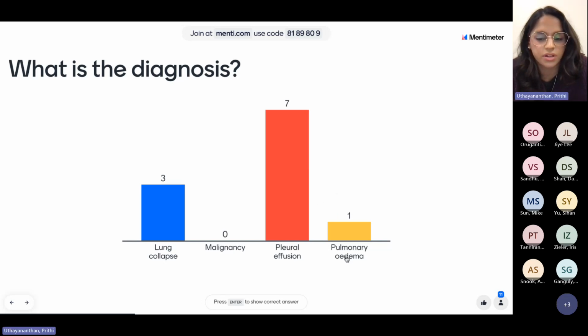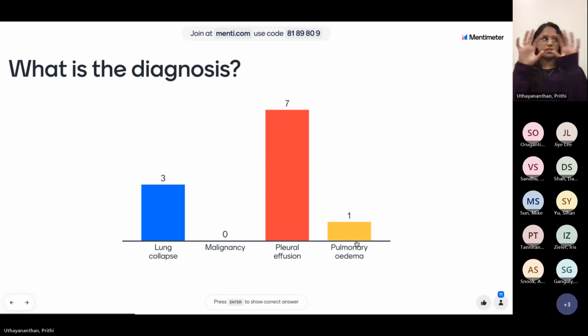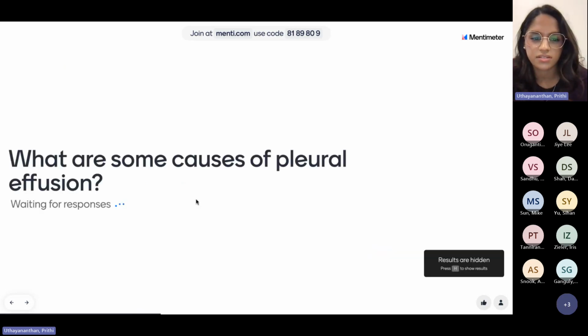So it wouldn't be pulmonary edema because you would see more of a bilateral change, and it would be throughout rather than at the bottom, whereas with pleural effusion, the fluid collects at the bottom of the lungs, and that's why the costophrenic angles are blunted. Okay. And does anyone know any causes of pleural effusions?